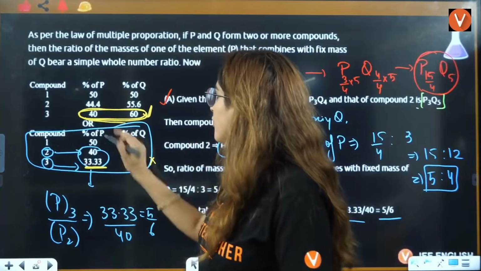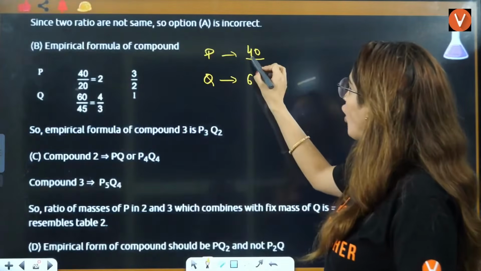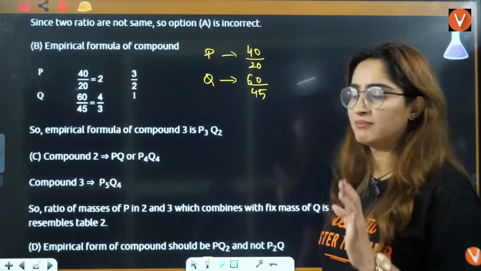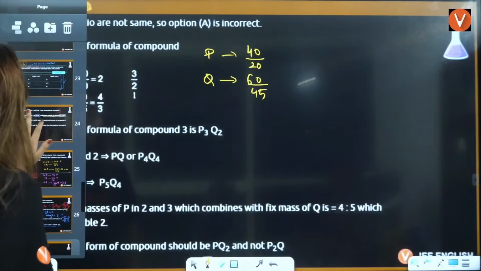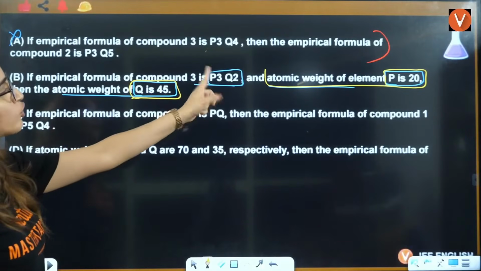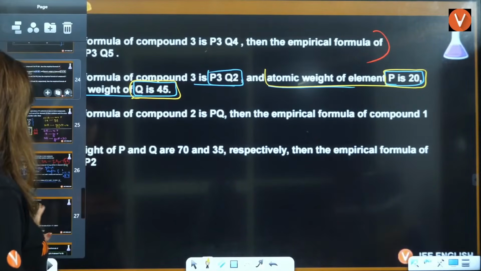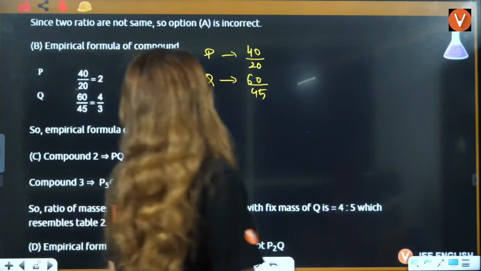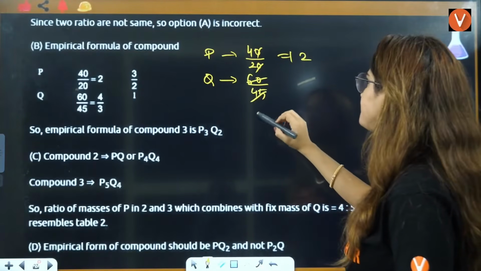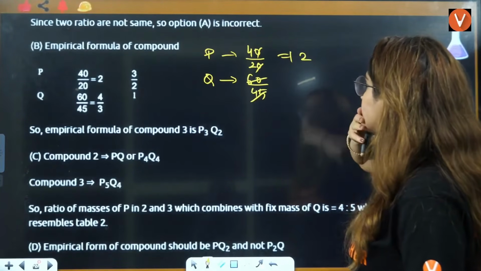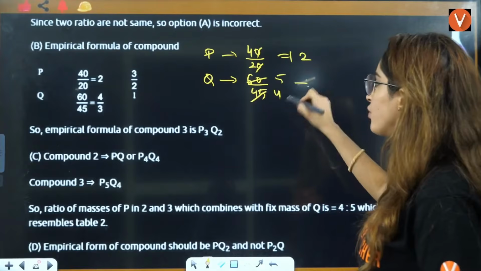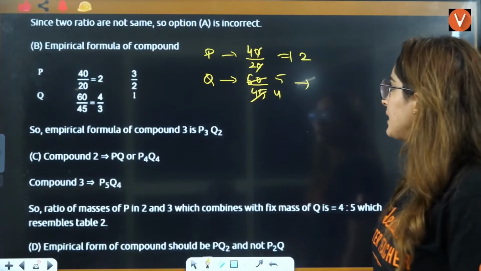Is it? 40 and 60. Atomic weight they have given to be 20, and here they have given to be 45 in the option B. If you can see in the option B, they have given you this thing, right? Atomic weight is 20, atomic weight is 45. Now, if it is coming out to be P3Q2, then the option will be correct. If you see this, while calculating, right, this will be 2 and this will be 5/4, right?